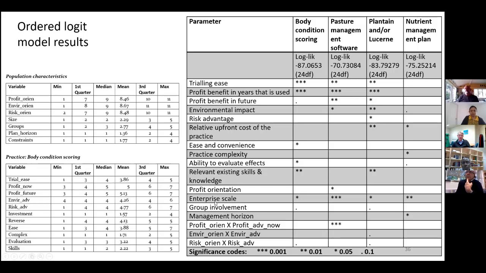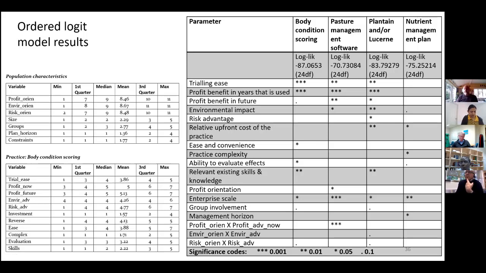The only variable that seems to be quite consistently important is the enterprise scale. That comes back from that first study I showed you in 1985. It's one variable that has been consistently used in many studies and found important. I just wanted to show you the contrast again.